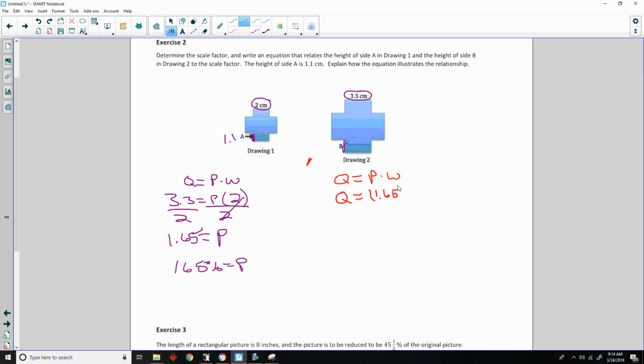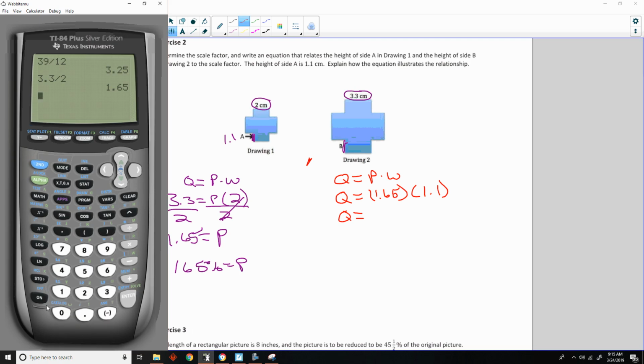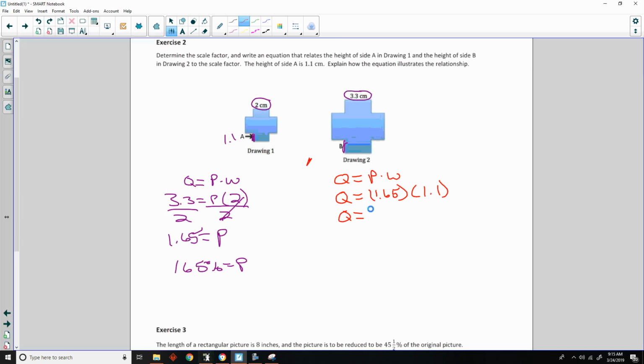So Q equals our percent, I'll do it as a decimal, 1.65 times the whole, which was 1.1. So Q is going to equal 1.65 times 1.1. 1.65 times 1.1 equals 1.815 centimeters.